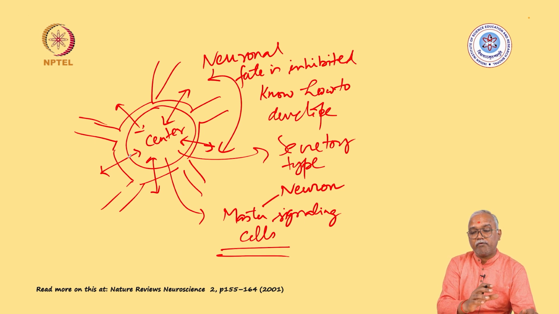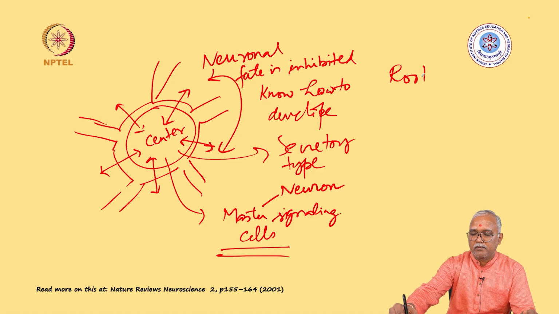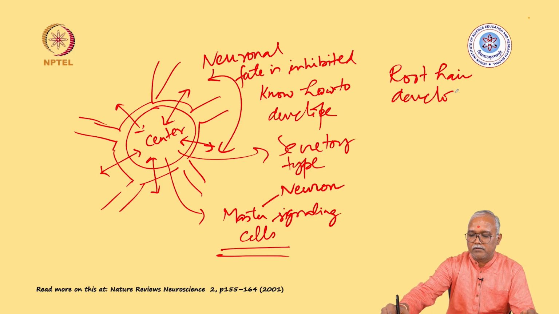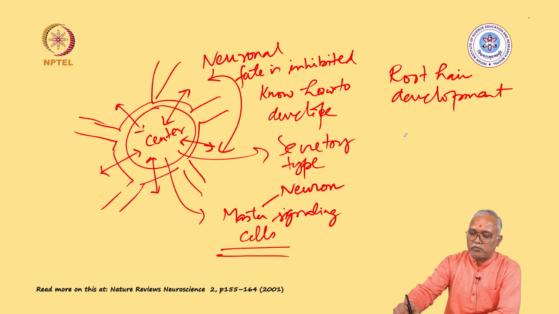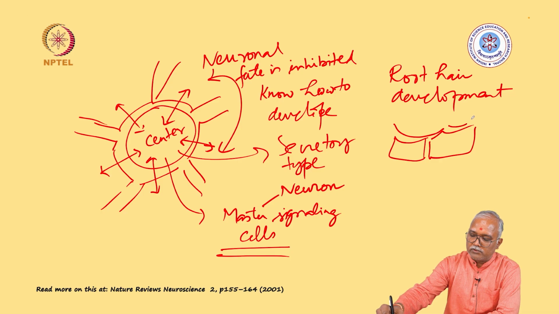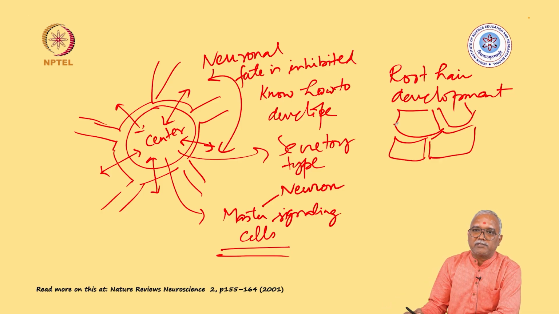If you recollect when we were discussing the root hair development in plants, and we took example of receptor like kinases over there. One cell which was on the outer side, which was in contact with two cells, versus one which was in contact with a single cell.